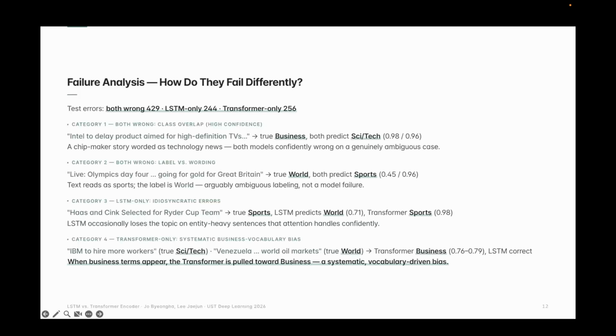The real contrast is below. The LSTM's errors are scattered and idiosyncratic, while the transformer's are systematic, because business words like higher or oil markets pull it toward business. Same accuracy, very different error structure.